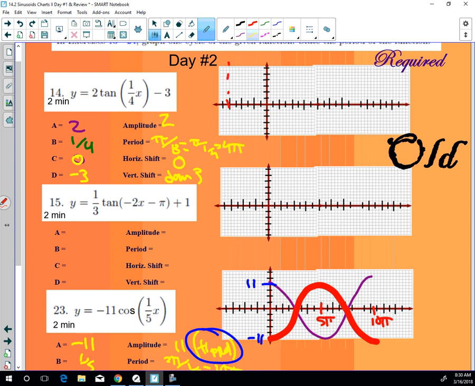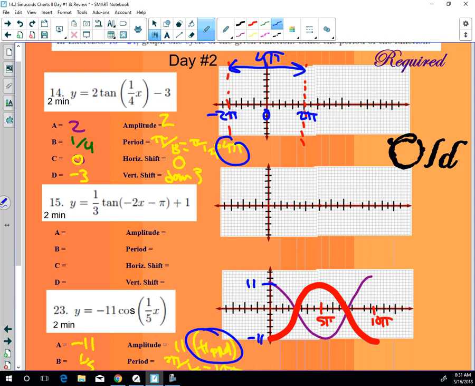I'm going to put one force field here and one force field here. And from here to here is 4 pi. That's what the period is. So if this is 0, what will this asymptote on the right be at? 2 pi, and the one on the left will be at negative 2 pi.